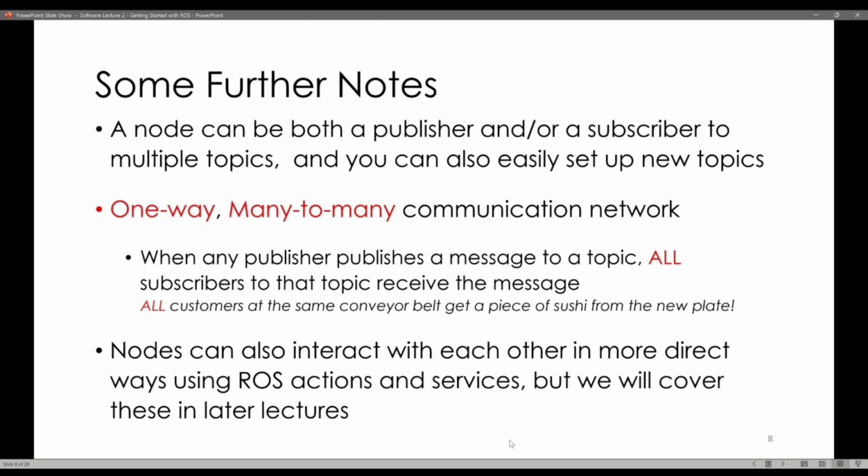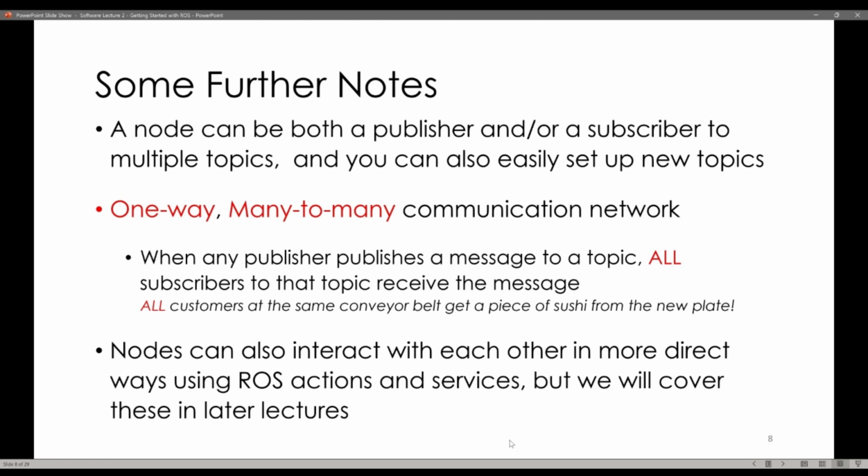A node can be both a publisher and a subscriber to multiple topics, and you can easily set up new topics as well. So, a chef can also be a customer, and vice versa, to multiple different conveyor belts. And also, when somebody puts sushi onto the conveyor belt, everybody receives that piece of sushi.